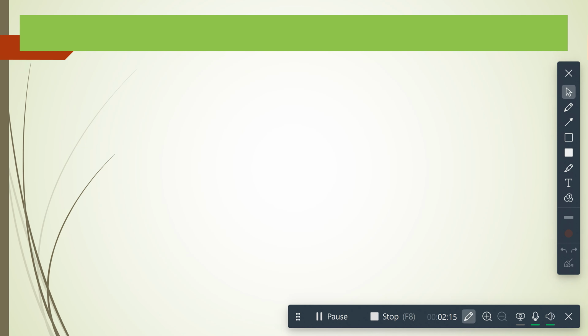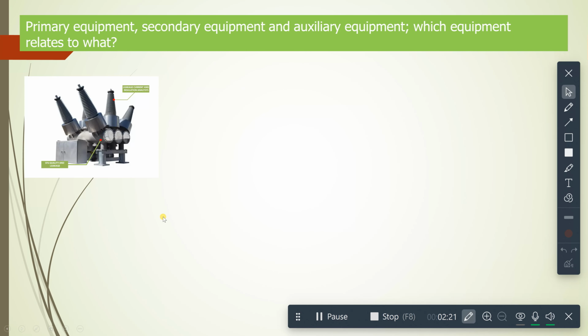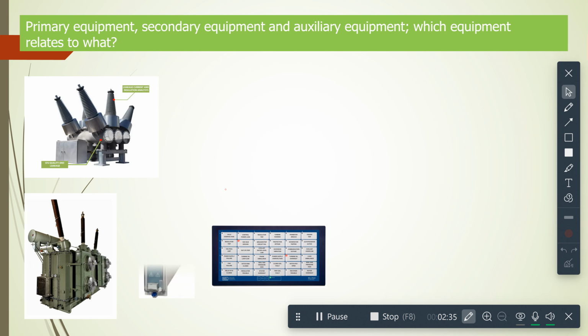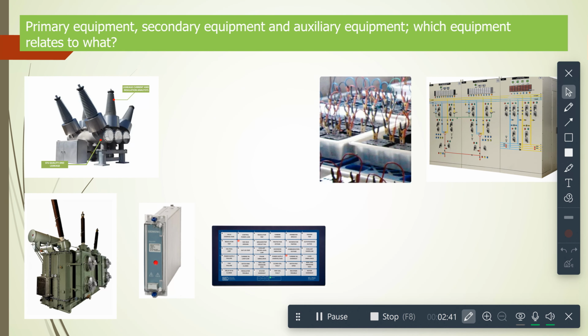So in this slide I will introduce some of the pictures of the equipment that belongs to the primary, secondary and auxiliary equipment, and I have mentioned just roughly. Now you have to tell me how much you understand them in these pictures and to which part they belong.